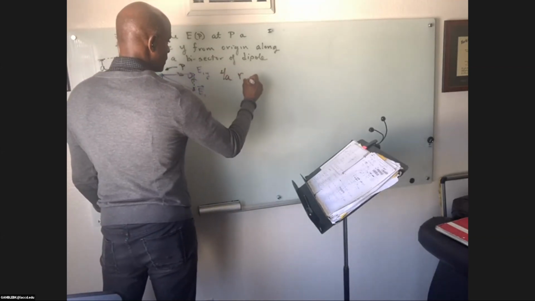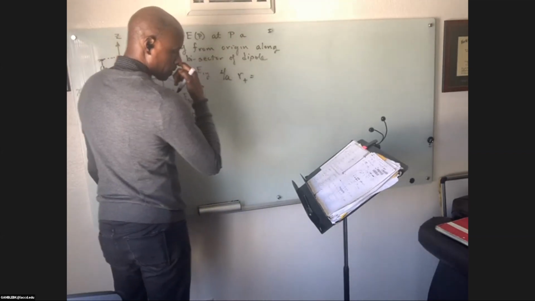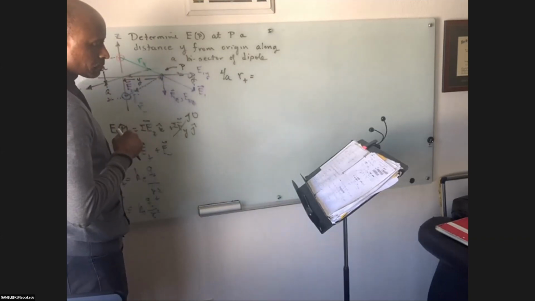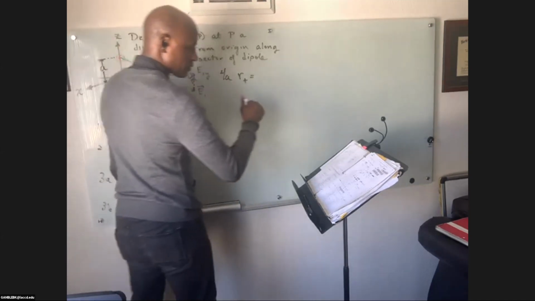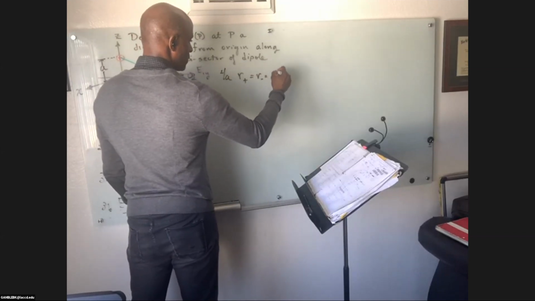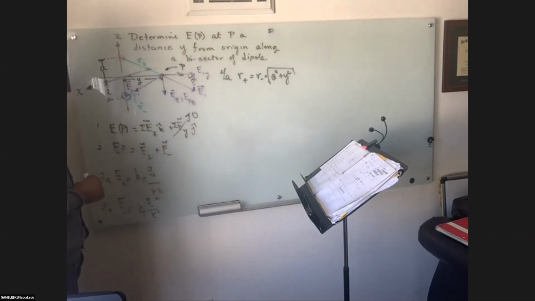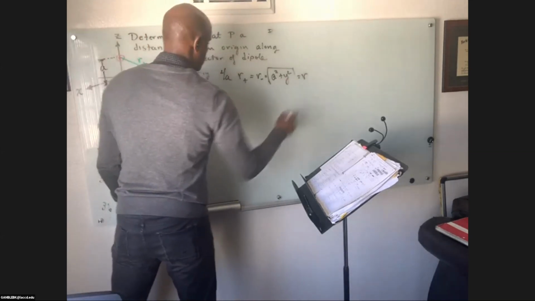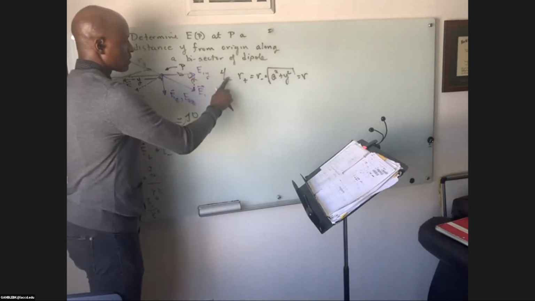So r plus, by the Pythagorean theorem, has a magnitude equal to the magnitude of r minus, which is the square root of a squared plus y squared. We can just call that r.